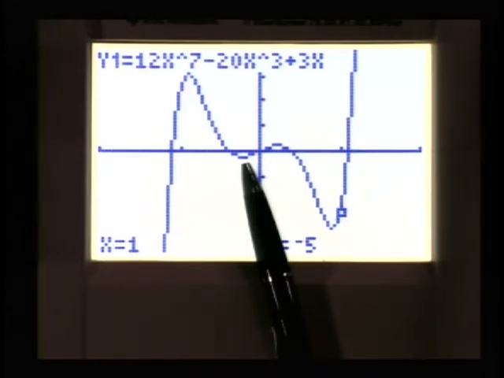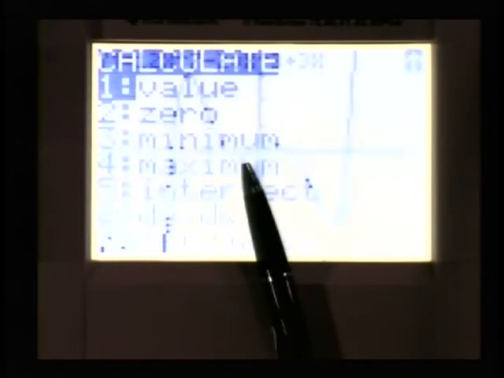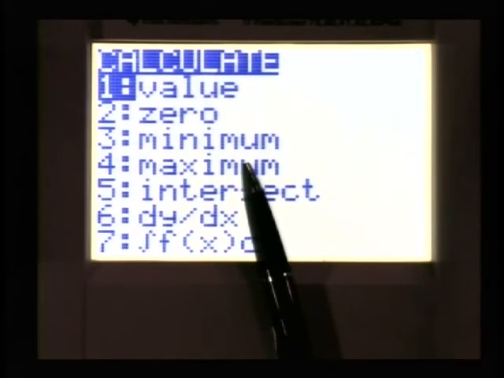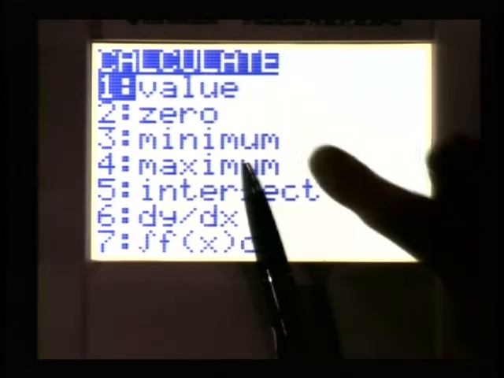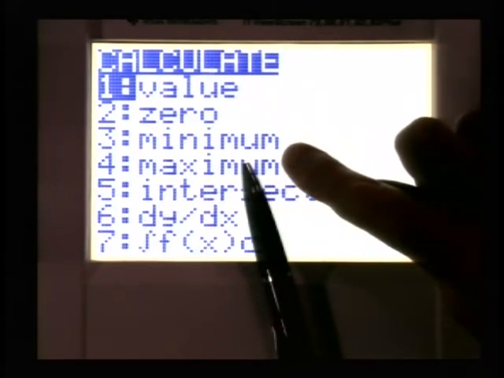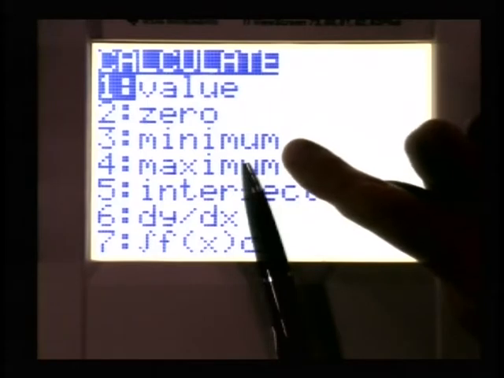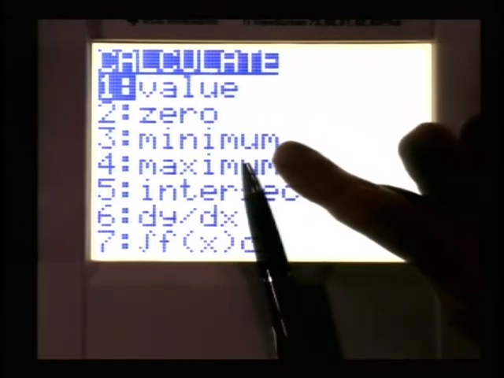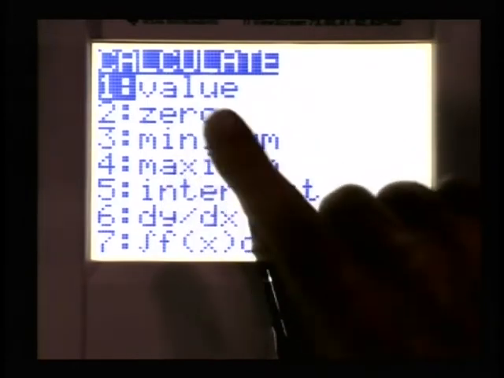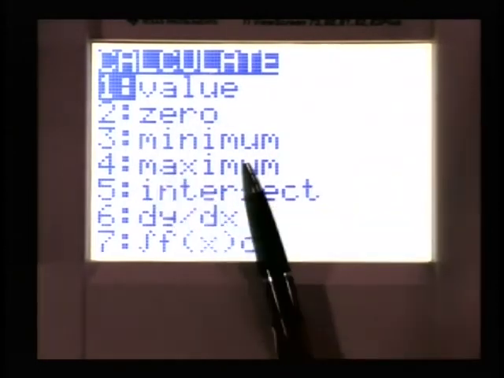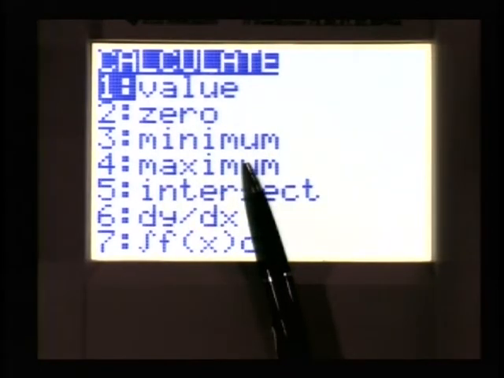If you use the second or shift key, you're going to go to a calculate menu. So we go to calculate. The menu looks like this. We have a variety of choices, and what we're looking for is minimum. Instead of arrowing down with the blue arrows, we simply look at the number over on the left associated with that menu item, and we're going to pick item 3. So if I hit item 3, watch what happens.